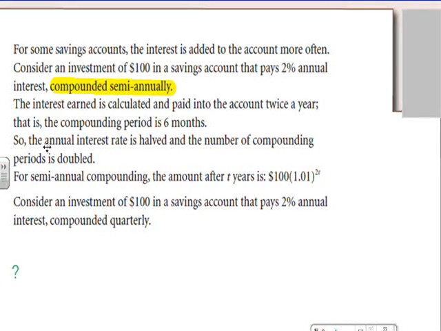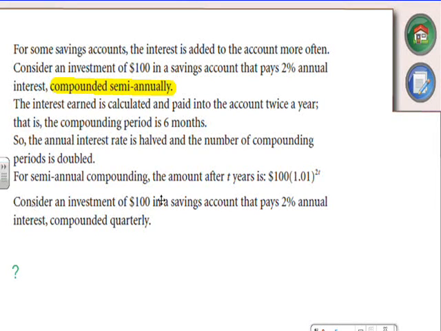Instead of an annual rate of 2%, I want to know how much rate there is for half a year. Well, divide it by 2, which gives me 1%. And how many times would I compound in a year? I'm going to compound twice as often, so I multiply the exponent by 2. Divided the rate by 2, multiplied the exponent by 2.